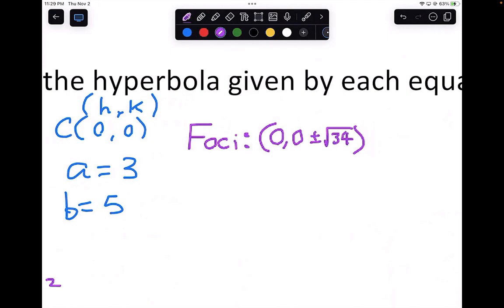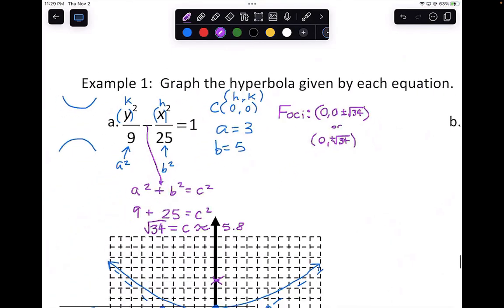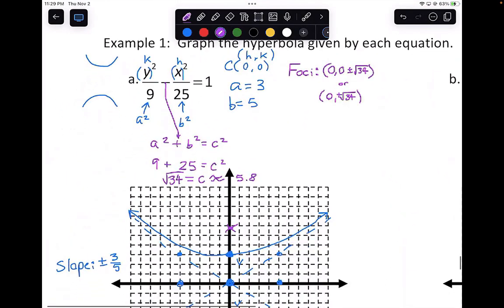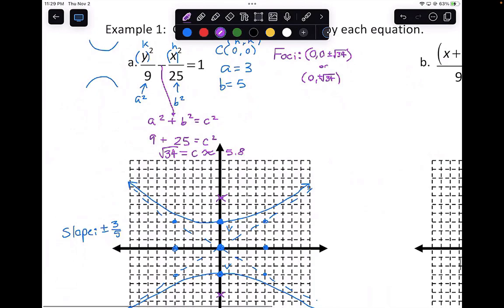You could even write it as 0, comma, plus or minus root 34. You can also write them as separate ordered pairs, or you can be lazy and do the plus or minus part right there. And that's usually all the stuff that we'll ask for on these hyperbolas.